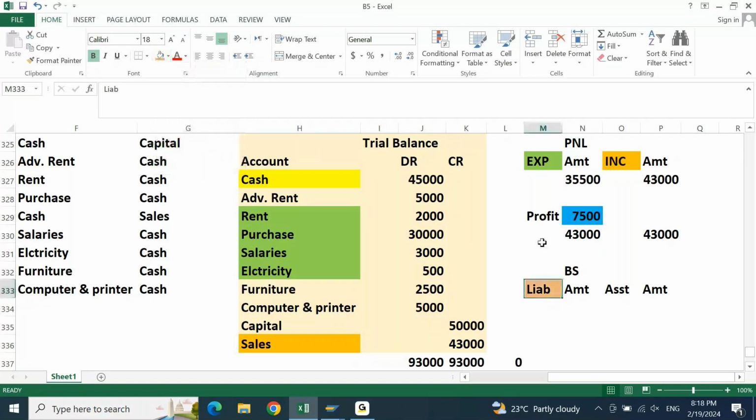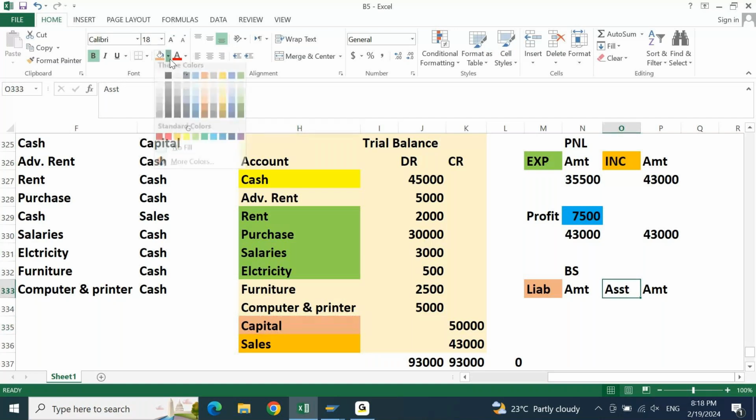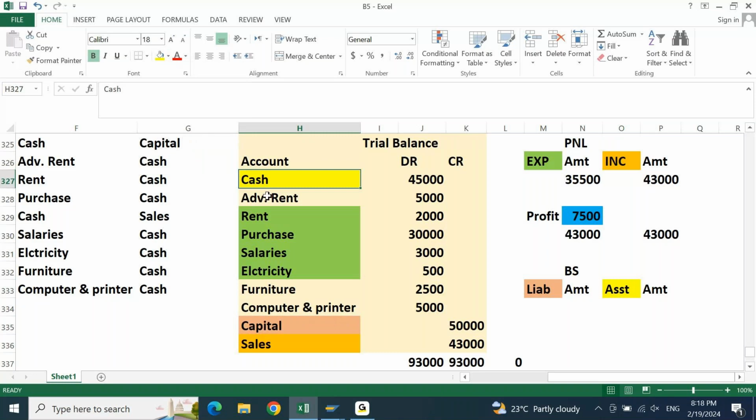And liability here I can find only capital. There is no other liability. Let me find out asset here. Asset, I would say, let me highlight with yellow. Cash is asset, advance rent is also an asset, furniture, computer are also asset.